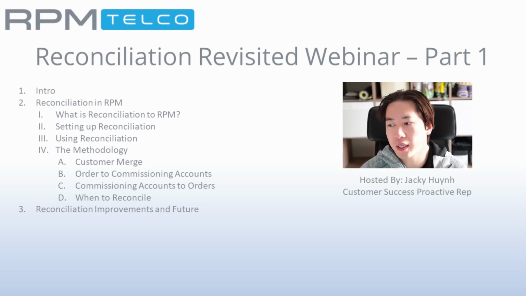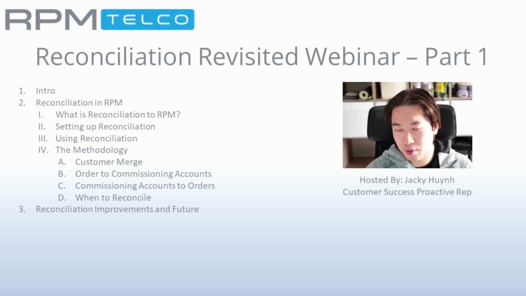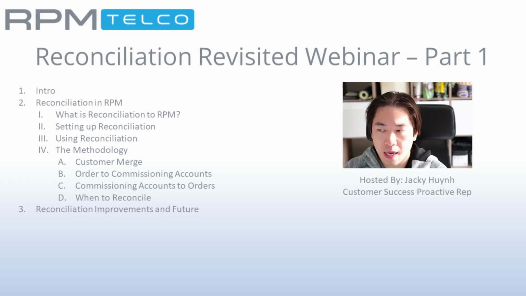So the first one being customer merge, for example, the ability to combine multiple customers into one customer is pretty much the feature. But the reason for it in Reconcile is really important because maybe you have a bunch of orders that come from other systems, especially if you're using another CRM that you put into your RPM to use the Reconcile tool.